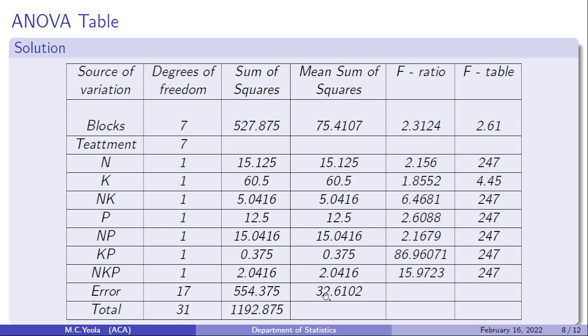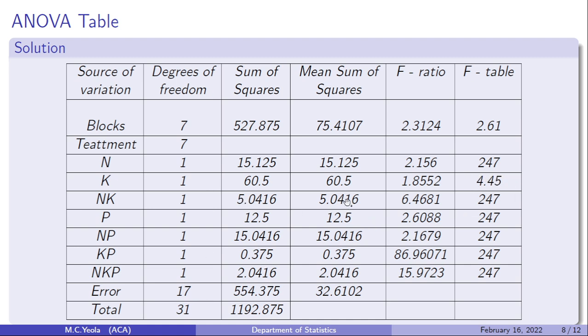This divided by this, we are getting less than 1 here. So what do we do? We take 1 upon F, because this is less than the other. Because of that, while obtaining the F table value, we also reverse the degrees of freedom. In this case we require 1 and 17, but we have 17 and 1 because of 1 by F. Here, 60.5 divided by this term is larger, so we have done only F. The F table value is for 1 and 17.